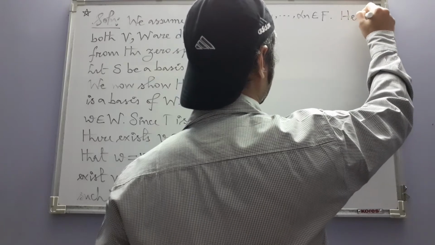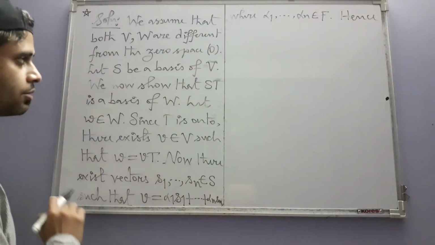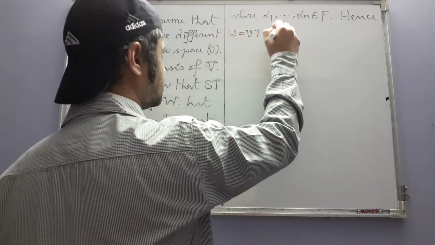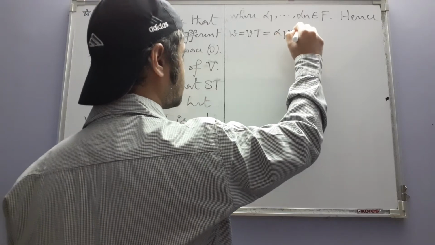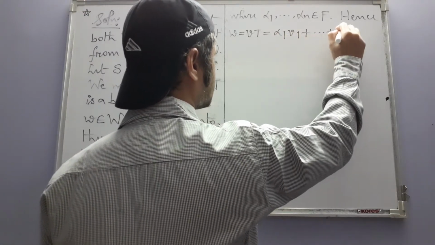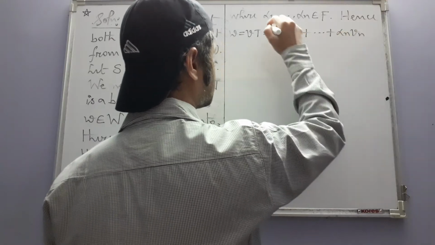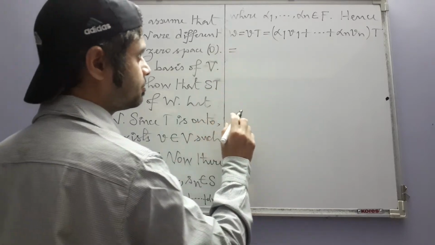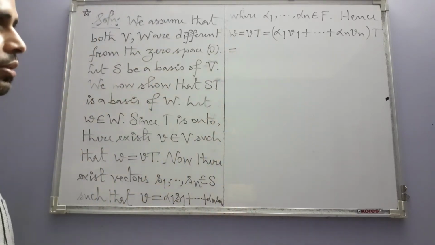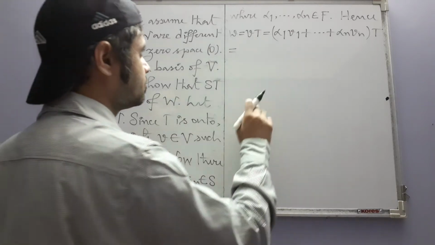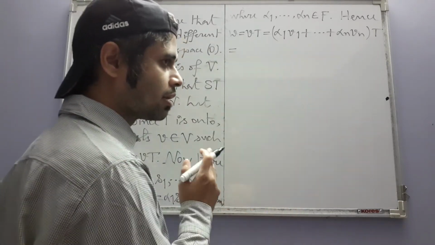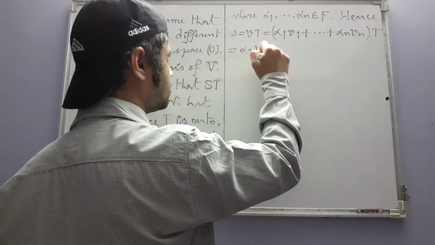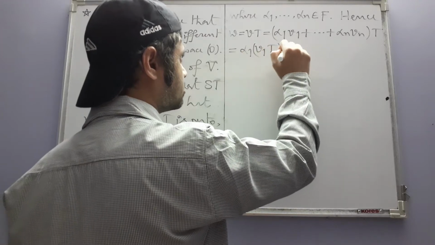Hence, with this new information, what do we have? w is T of v, which is this thing, and that is equal to, now use the fact that T is a homomorphism. So it will preserve addition and scalar multiplication, both the things. So we can write this entire thing like this.